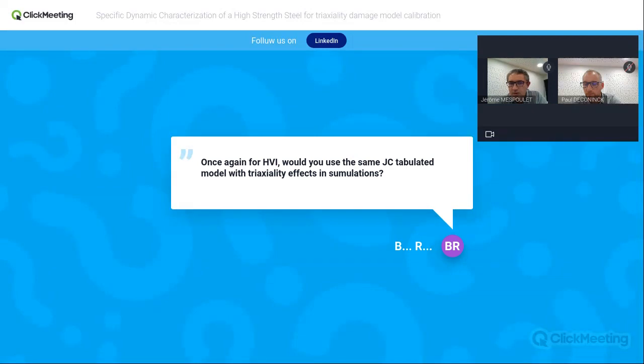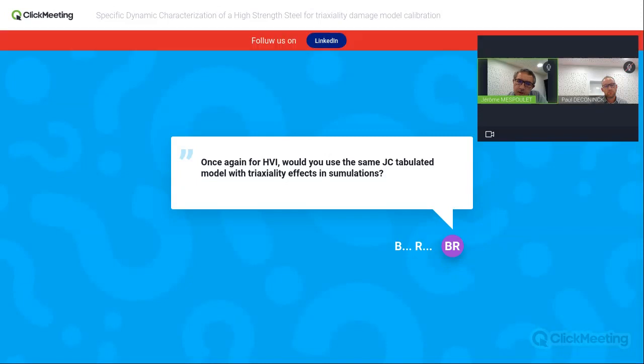To my opinion, not for hypervelocity impact events, because in hypervelocity impact events, in fact, the deviatoric stress has a very small effect, and you are more dependent on the equation of state instead of the strength part of the model.